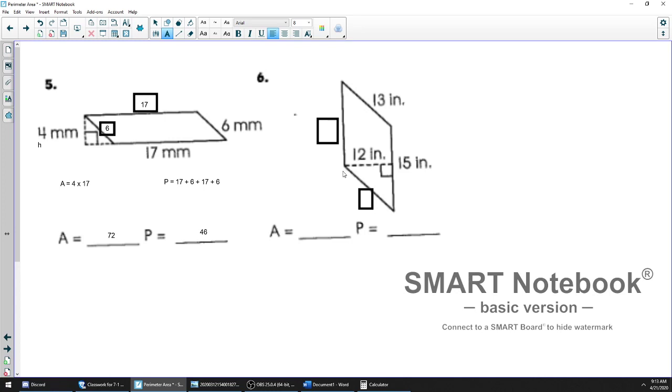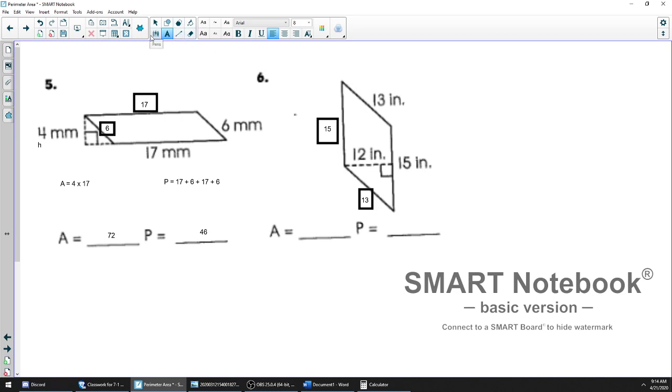What would this length be? I'm looking at the opposite side, which is 15. So I would write 15. What matches with this slanted side? If you said 13, you're correct. Now I got all my outsides.